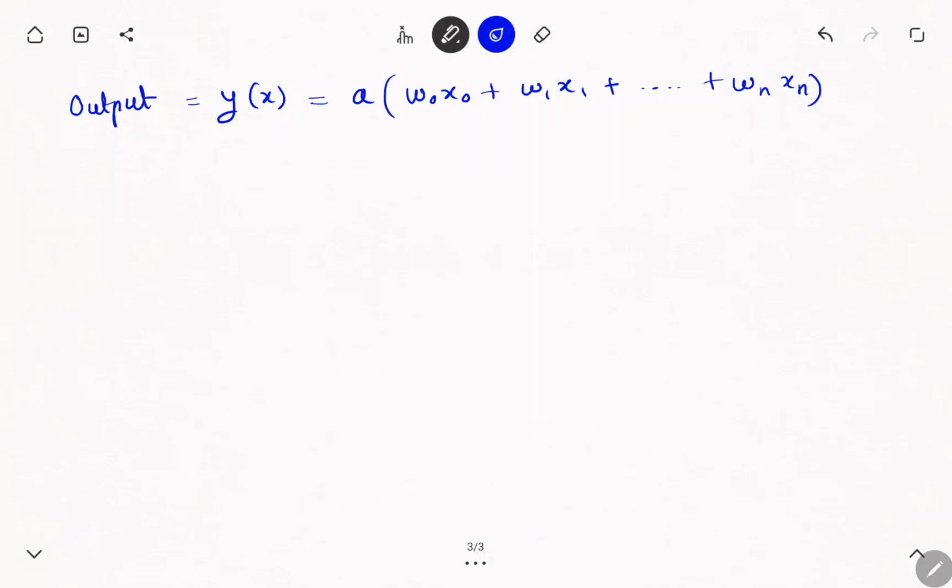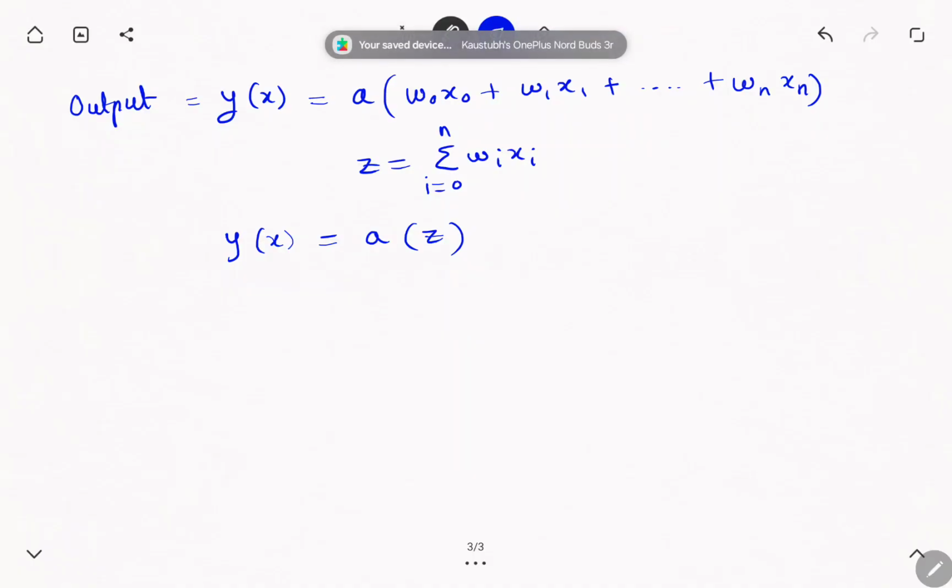Okay, and this entire term I can call z. So let z be equal to summation i goes from 0 to n of wi xi. Then I can say that my output y, the function of x, is basically applying the activation function to z. Or I can also write it as a dot product of two vectors. Imagine that we have two vectors.